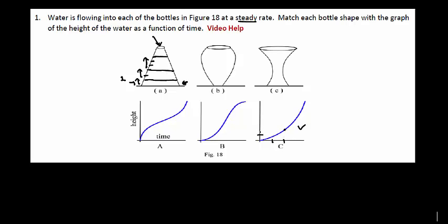And at a time of 3, we'll be at a height of 1, 2, 3, 4, 5, 6. And that's up here. So notice that we have this nice increase.